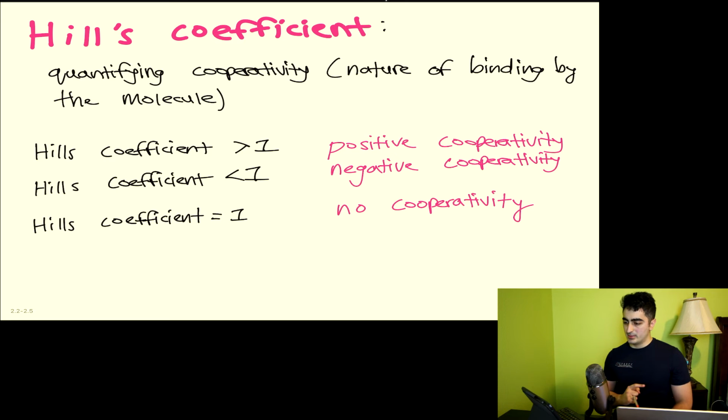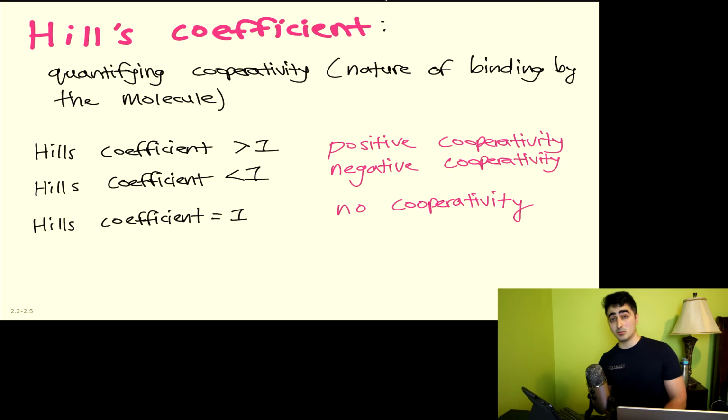Something that I want to mention that could be mentioned in some of your passages on the MCAT is what the Hill's coefficient is. When I went into my exam, I didn't know it, so I want you to know it. The Hill's coefficient quantifies cooperativity of an enzyme. Basically it defines, is an enzyme cooperative or is it not?